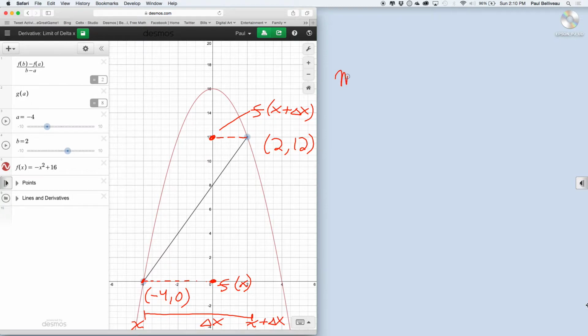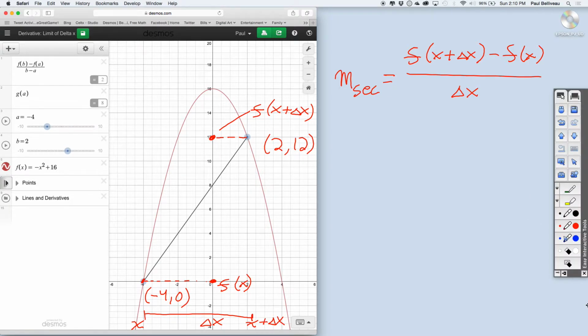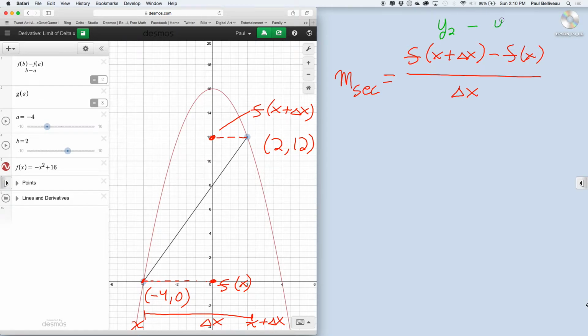So another way to write the slope of this secant line is it is f of x plus delta x minus f of x divided by delta x. In other words, my numerator is still some y value minus some other y value, and my denominator is still an x value minus another x value.